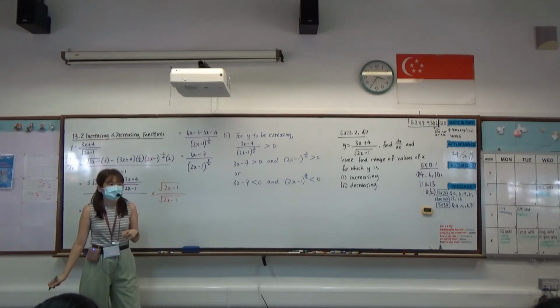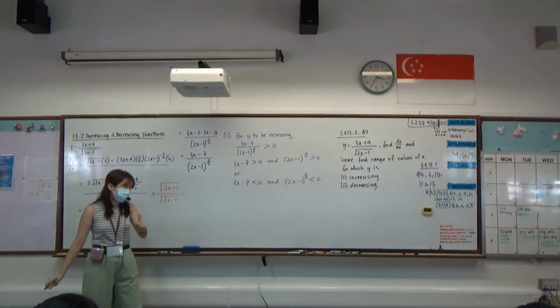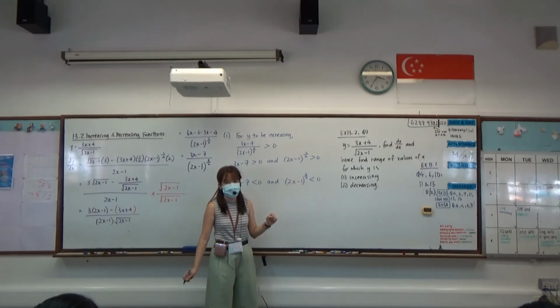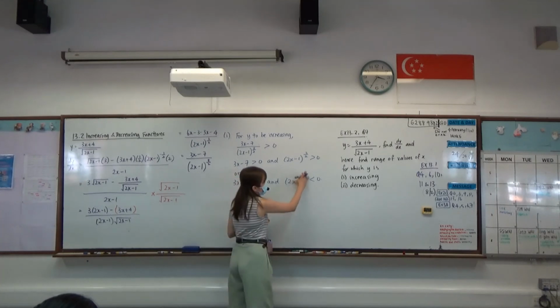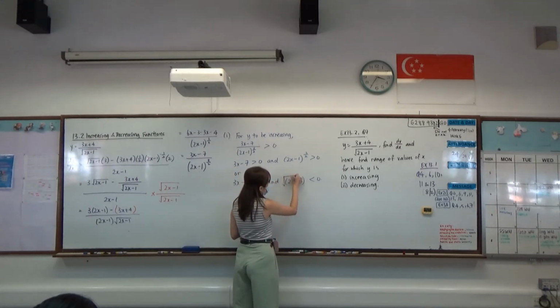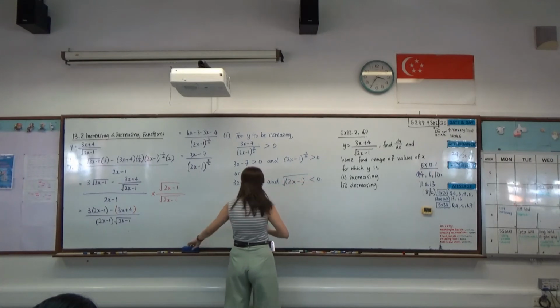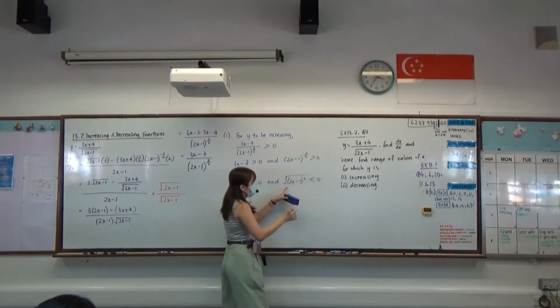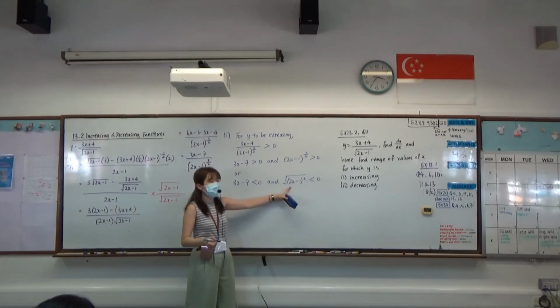But the problem here is that this is (2x minus 1) to the power of 3 over 2. If you wrote it in radical form, then maybe it will be clearer. So let me just adjust this one a bit. In radical form, it will be expressed in this manner.